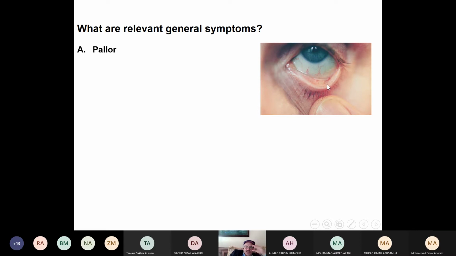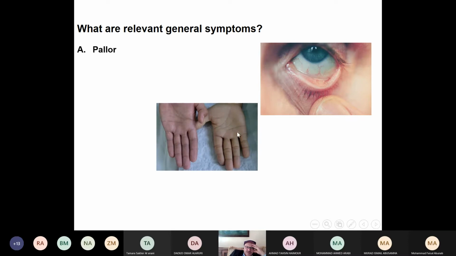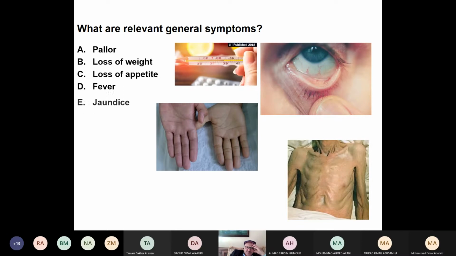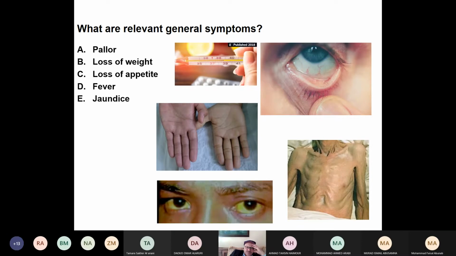Somebody is coming with obstruction and you find that the patient is pale. Then you start thinking that his problem that has ended in obstruction is causing anemia. And that's where you look for that. Loss of weight and appetite, fever, jaundice.